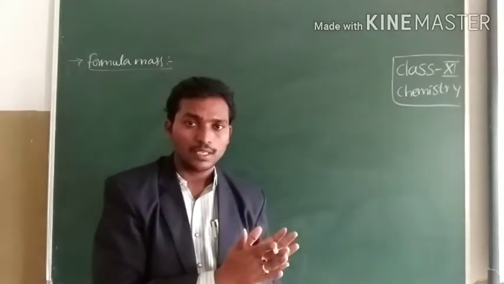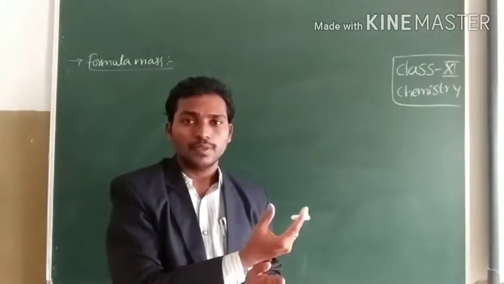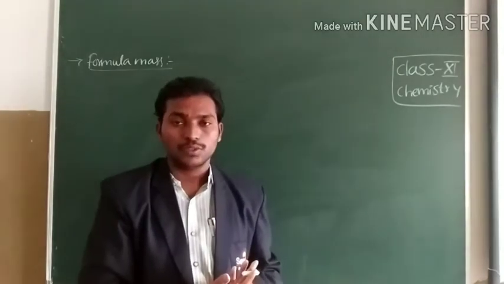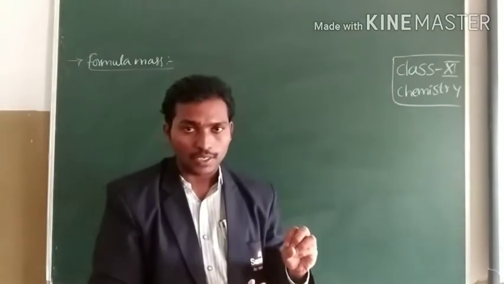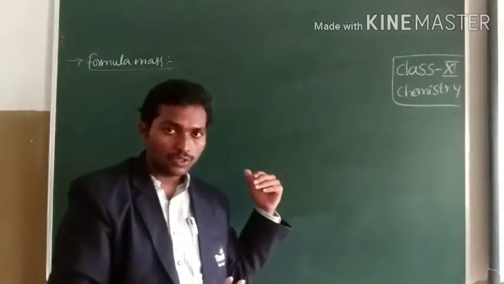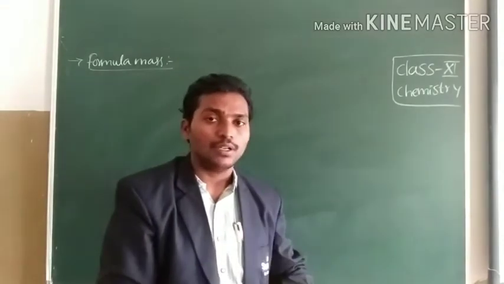In a crystal lattice, each ion is surrounded by a number of nearest neighboring atoms. So we have to find out formula unit mass for ionic compounds.